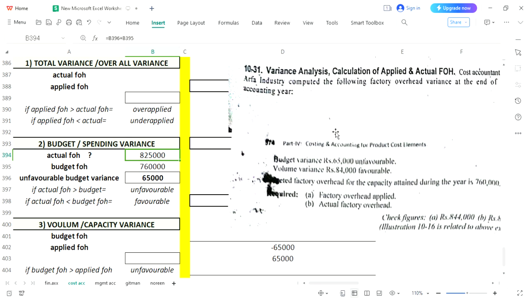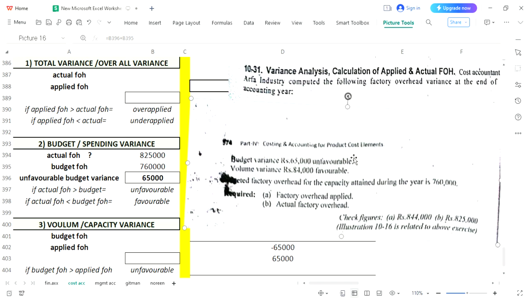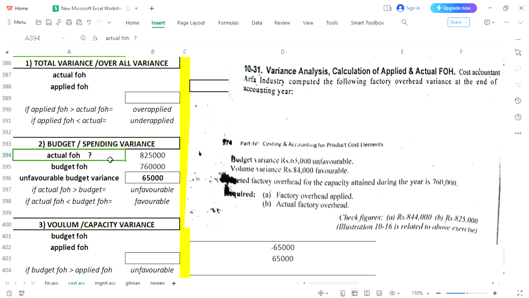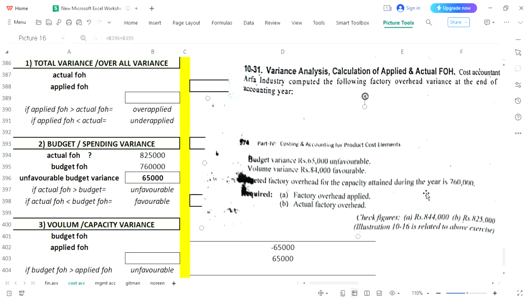So our final answer you can see over here is 8,25,000, and you can see the B requirement we have fulfilled. Actual FH was question marked, and the amount of actual FH which we have calculated is 8,25,000. So the first part has been sorted out.